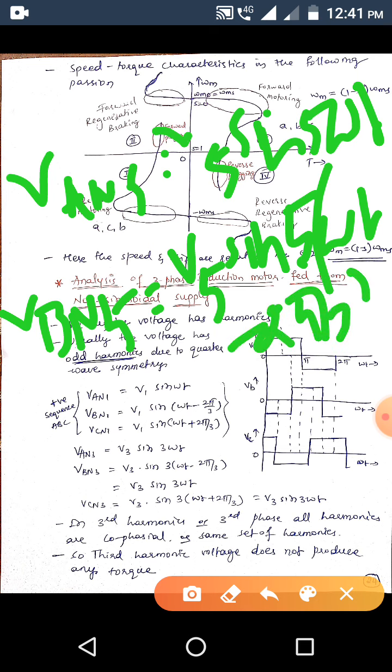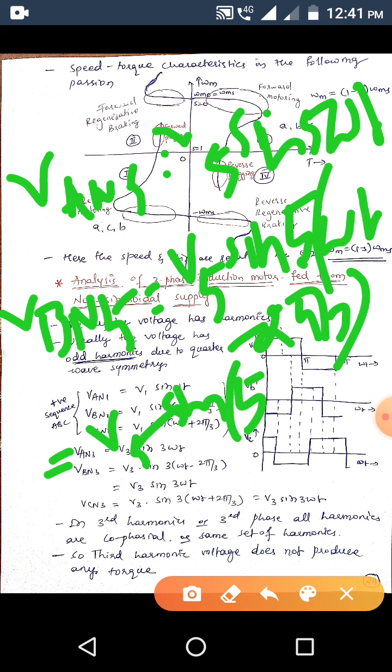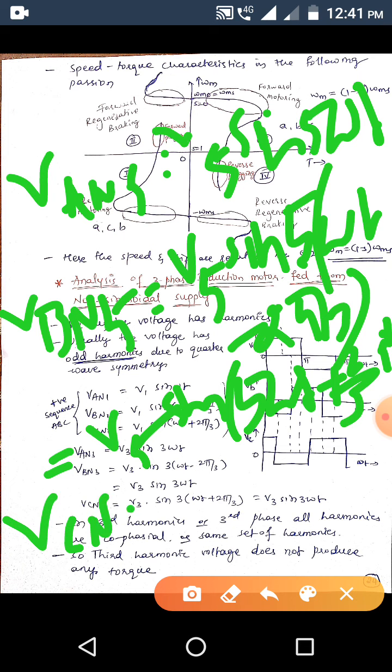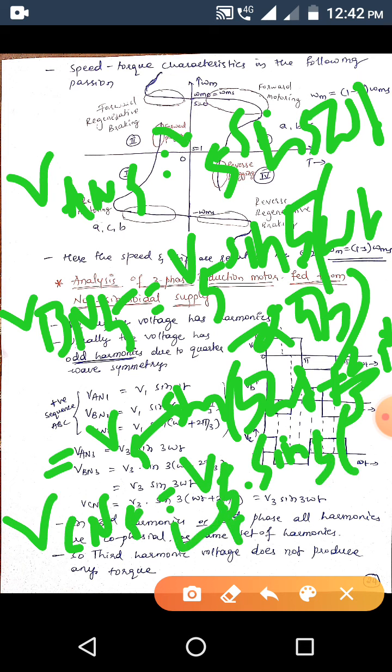If you simplify this, you will get V5 sin(5 omega t plus 2 pi by 3) here. Okay, similarly Vcn5 will be V5 sin(5 omega t plus 2 pi by 3).